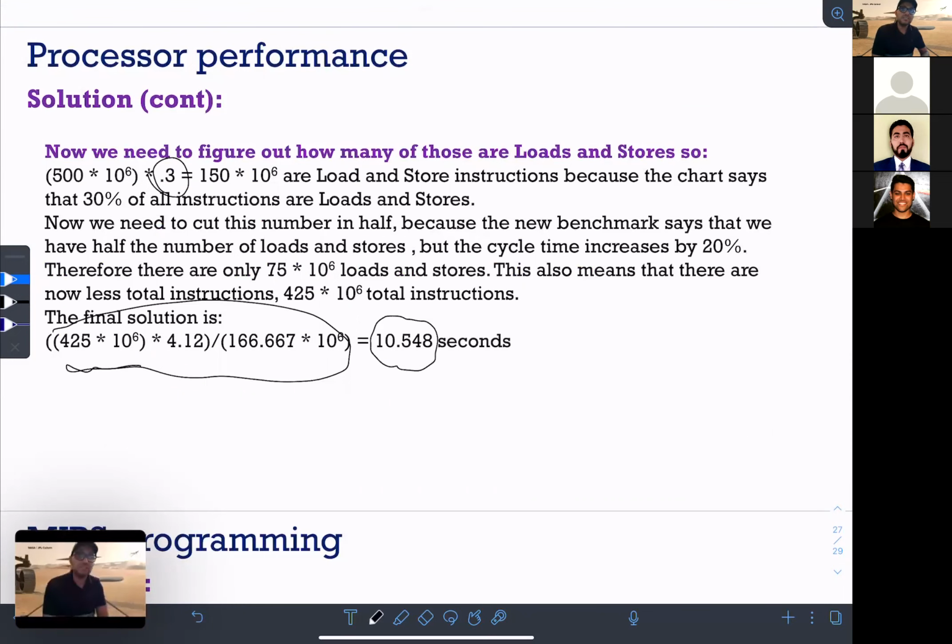10.548 seconds. So all of the changes we made, which is basically doubling the register space, which increases the clock's duration and decreases the number of loads and stores by half, at the end of the day, instead of executing in 11 seconds, you will execute in 10.548 seconds.